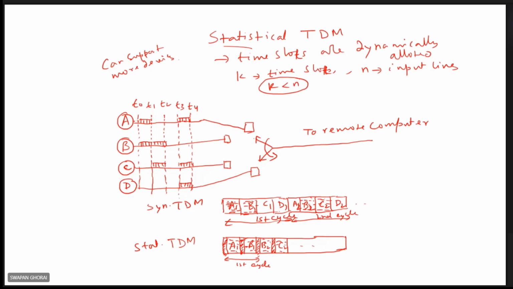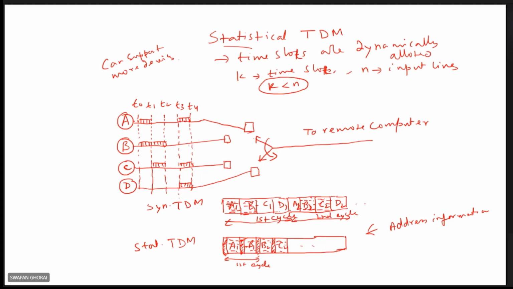So in statistical multiplexing, one advantage is there will be no empty time slot, but one disadvantage is there will be more overhead. That overhead will contain the address information. Address information must be there to ensure the delivery.